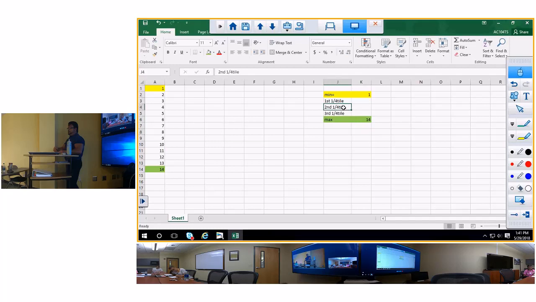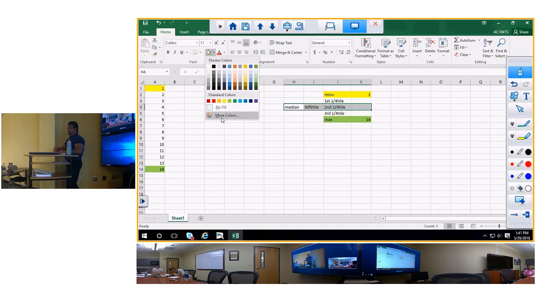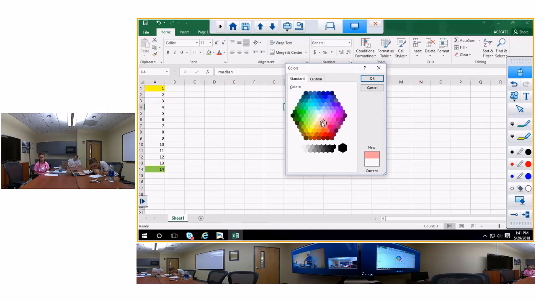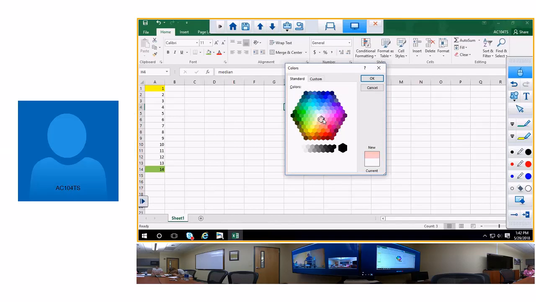Okay, now you find the median. The median is also called the 50th percentile. We're going to try pink, but that's more of a mauve, so we'll go with mauve.